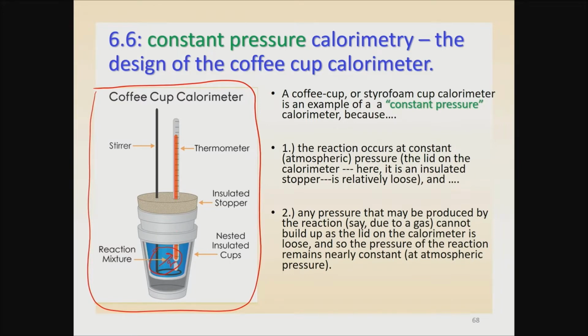So one thing we don't want to have happen is we don't want the heat to be able to leave and get out of the water and get into the environment. So what we have here is styrofoam cups. We have two of them, and they are an insulated container such that heat here is stuck in the water and cannot escape, and therefore all heat will be used to warm the water, and so the temperature change of the water will reflect the heat that is released in the reaction.